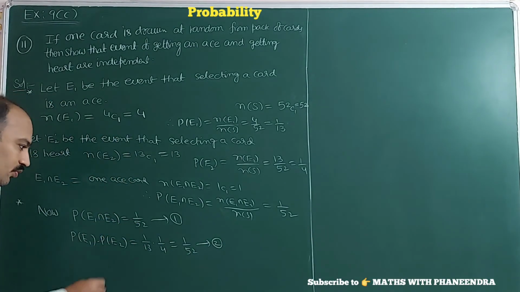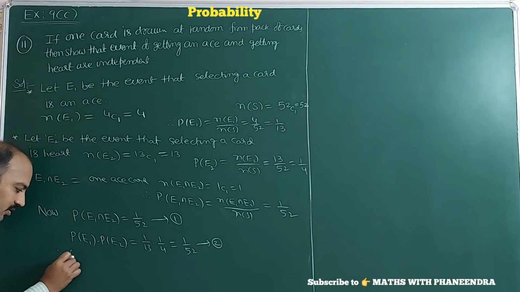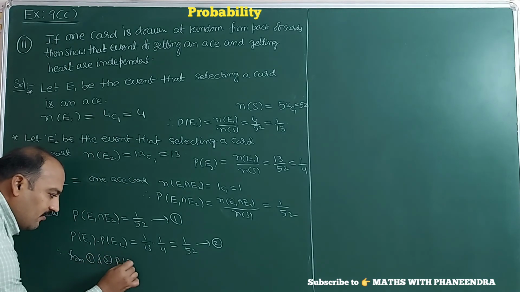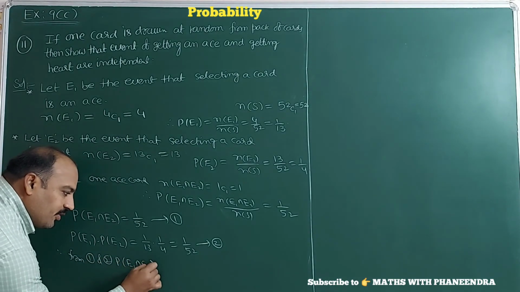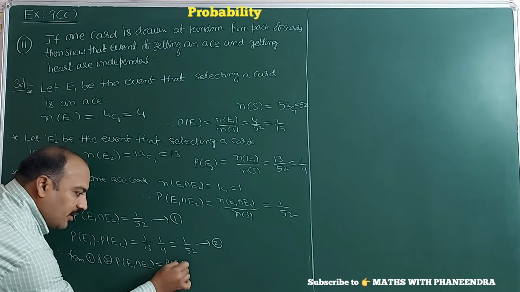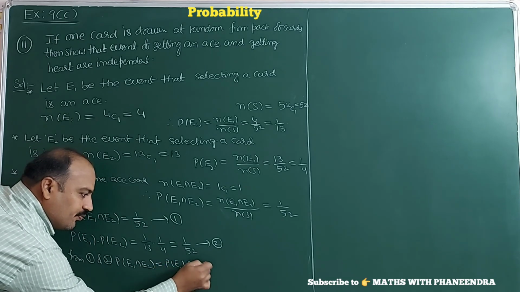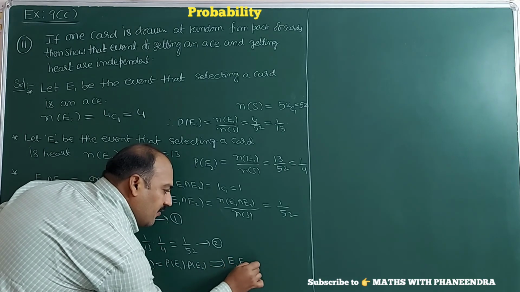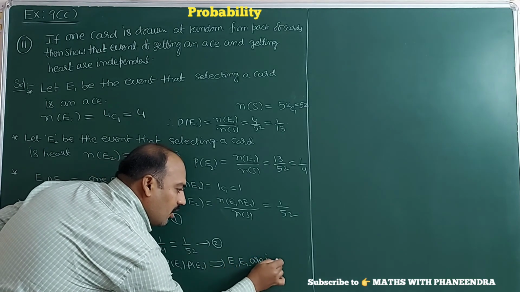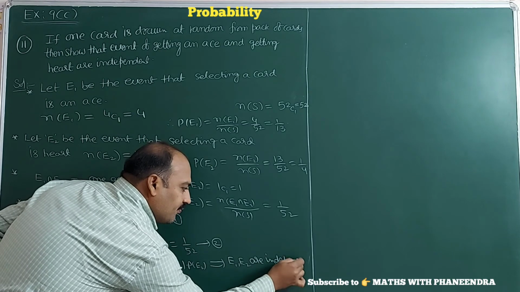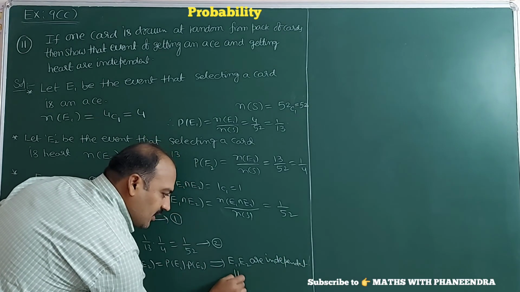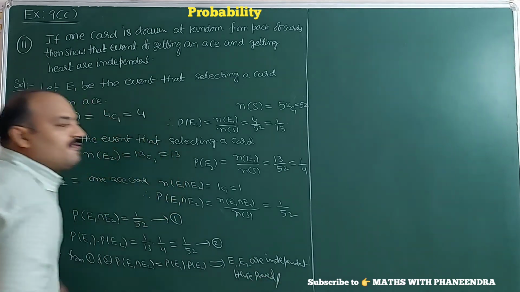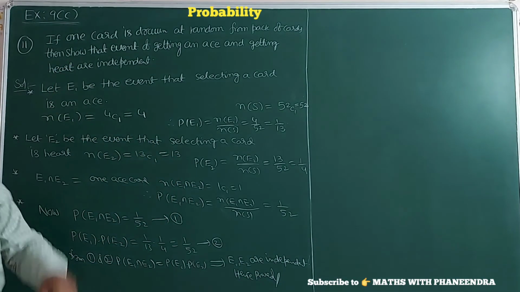From 1 and 2 we conclude that P of E1 intersection E2 is equal to P of E1 into P of E2. That implies that E1 and E2 are independent events, hence proved. They are asking to prove the result of independent events.